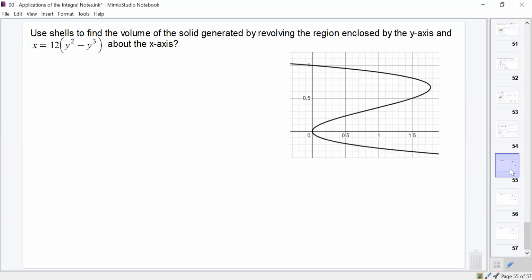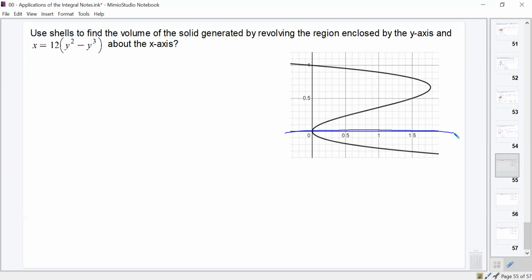So in this case, we're going to look at the equation x equals 12 times y squared minus y cubed. And we're going to try and revolve this around the x-axis. So if we do this, here's our x-axis, right?